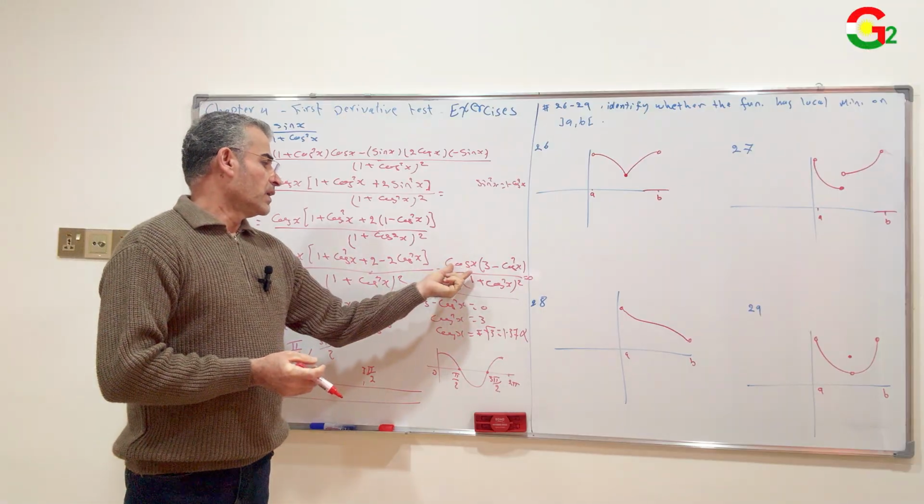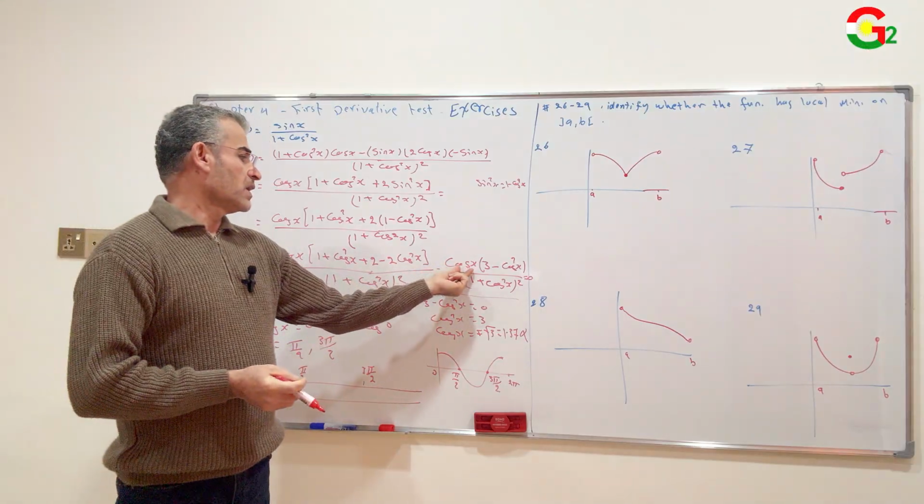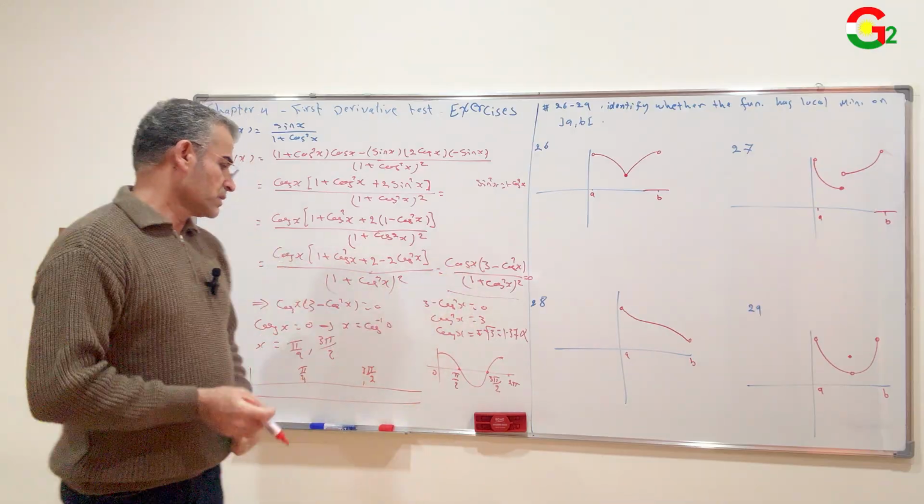Therefore, the sign of the derivative depends on the sign of cosine x.